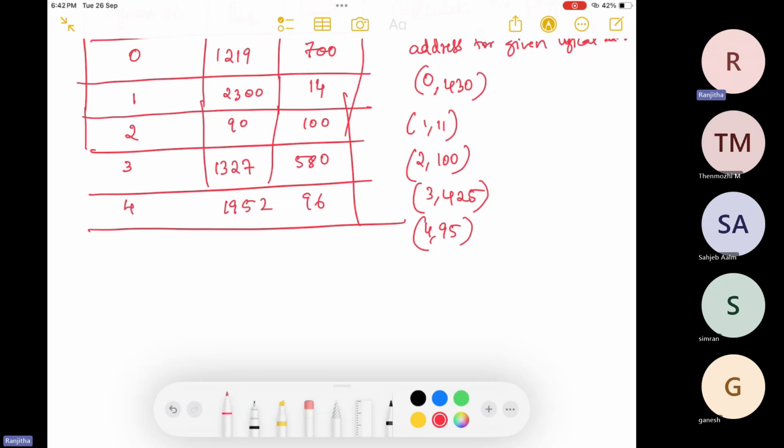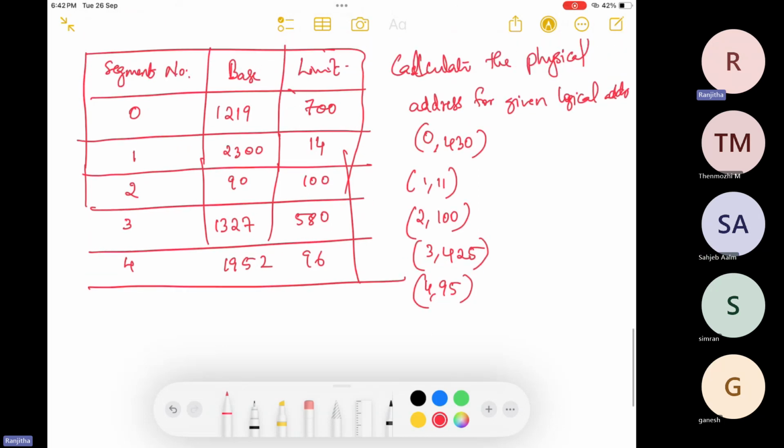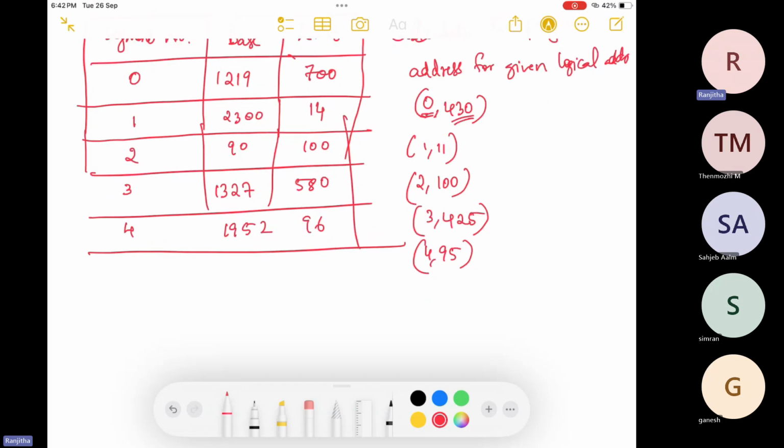For the segment, we know what the base is, right? For segment 0, the base address is 1219. And this is the offset within that particular segment. So the physical address will be the base corresponding to 0, this is the base address.